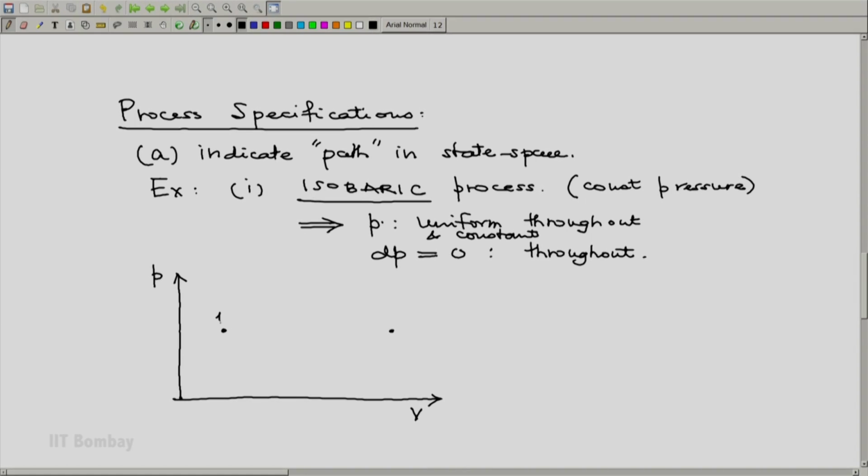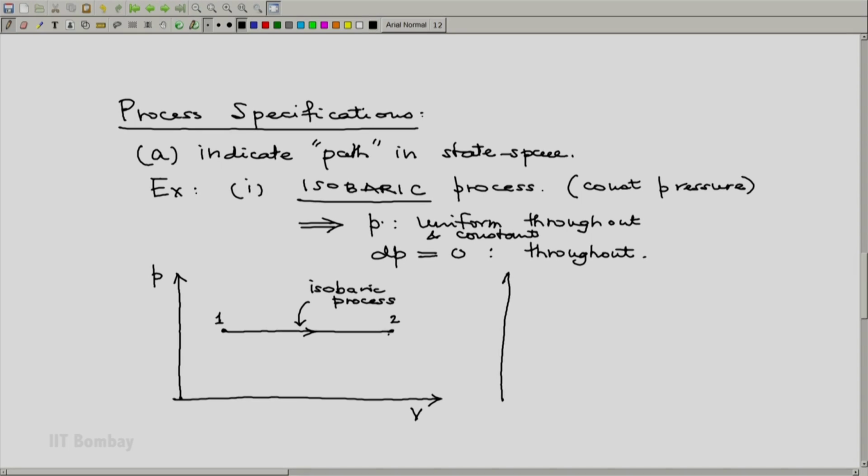The initial state 1 and the final state 2 would be at the same pressure, and the isobaric process would be a process in which the pressure does not change. So this is an illustration of an isobaric process from the initial state 1 to a final state 2. And remember that the pressure does not change from its initial value throughout the process.